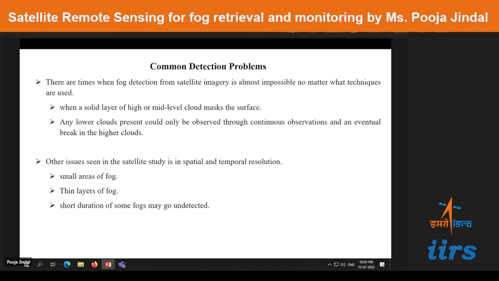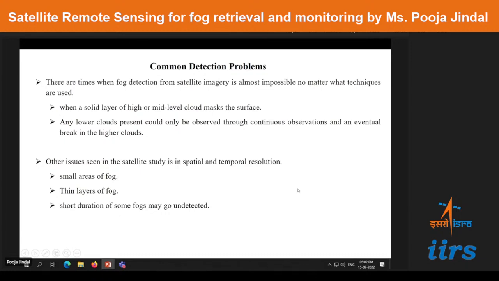So if there is a cloud above the fog, we cannot detect fog, whatever technique we use. Information about the fog below the cloud can be seen with continuous observation, and only if there is some break in the clouds will we be able to see it, otherwise no.